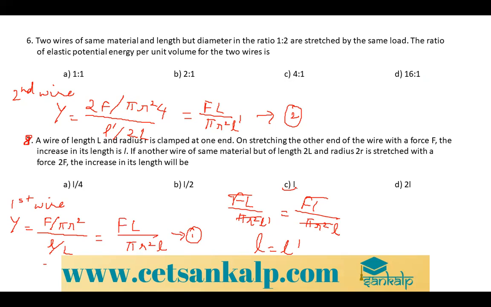So when you substitute that, finally you will be getting FL divided by pi r square L dash. So you are going to equate both and finally we can say L dash is equal to L. I hope you are clear with this.